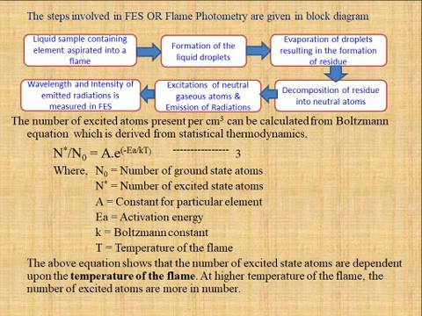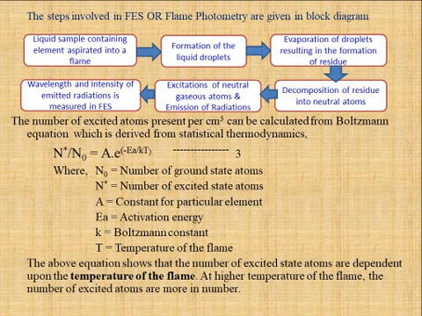Here the number of excited state atoms present per cm cube can be calculated by using the Boltzmann distribution law, that is the Boltzmann equation, which is derived from statistical thermodynamics.